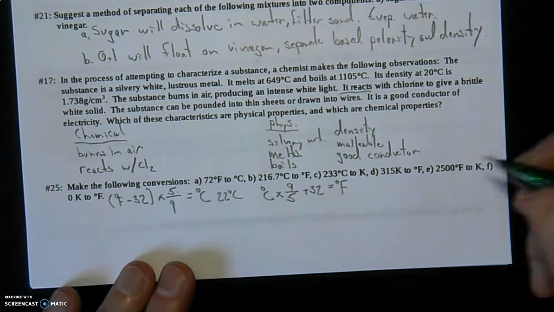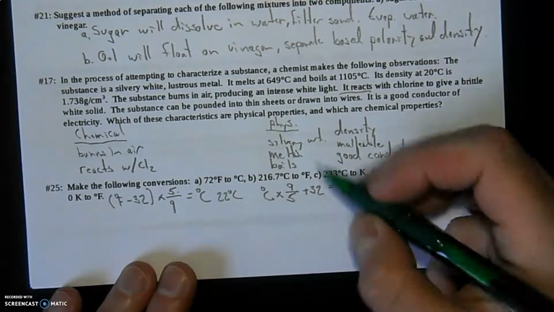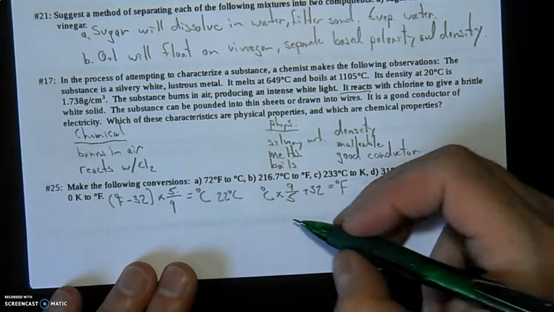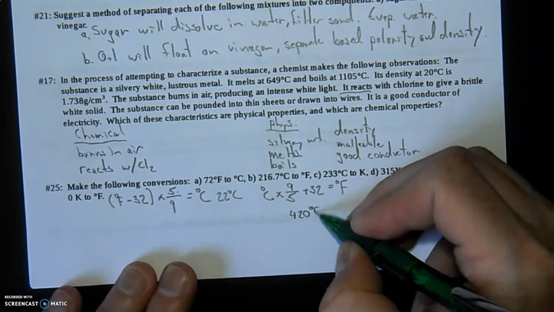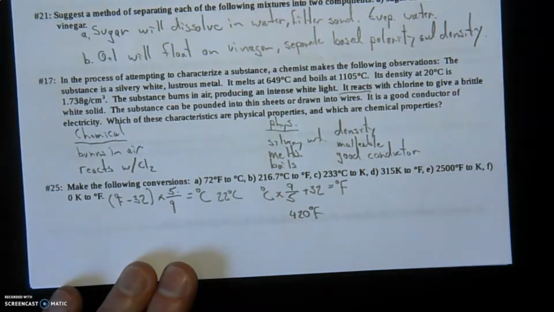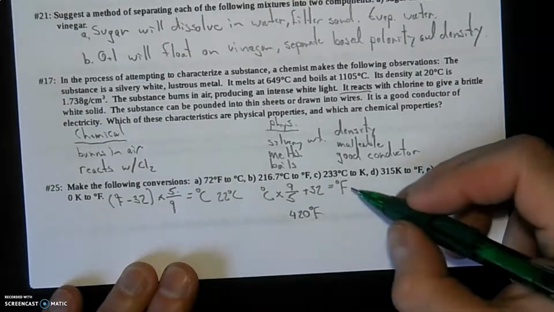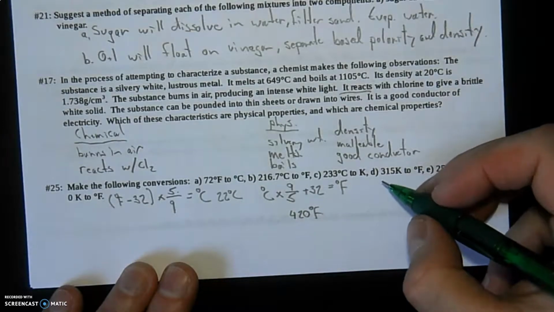Okay, there's one more formula. I didn't give you the answer for that. For part B, the answer should be ballpark 420 degrees Fahrenheit. All right, part C, we have a Celsius to a Kelvin temperature that we're taking a look at for that one. And the way we would go through that one is a lot easier. There's not as much math on there at all.